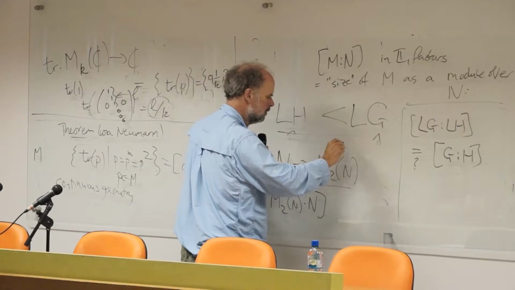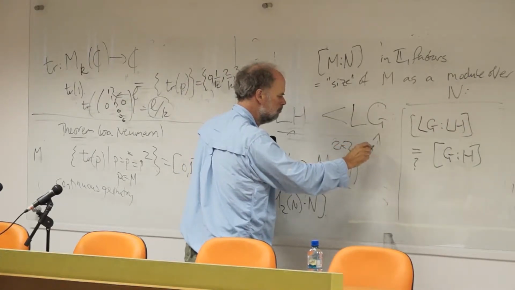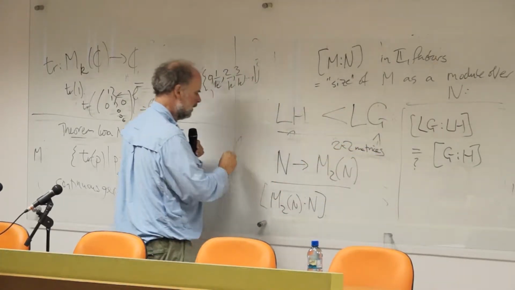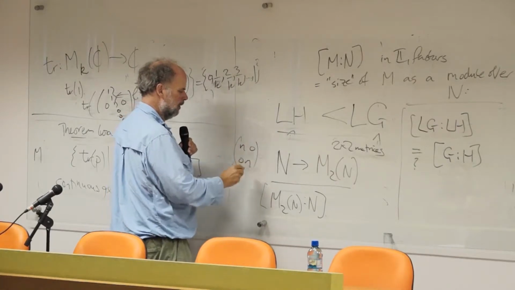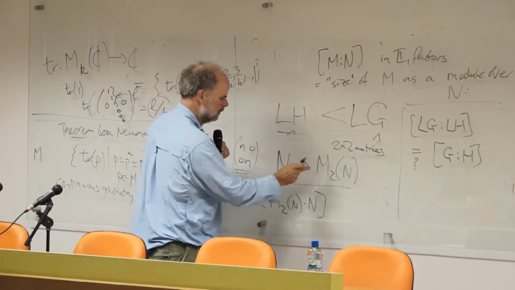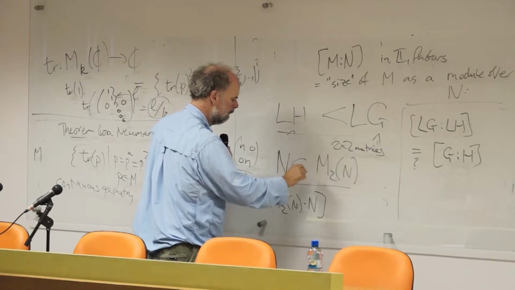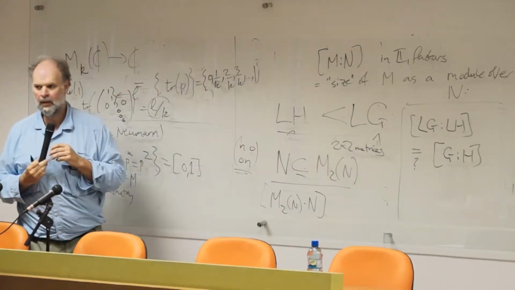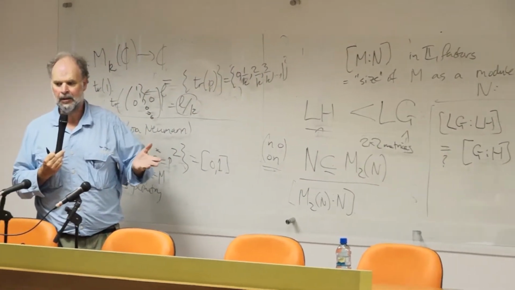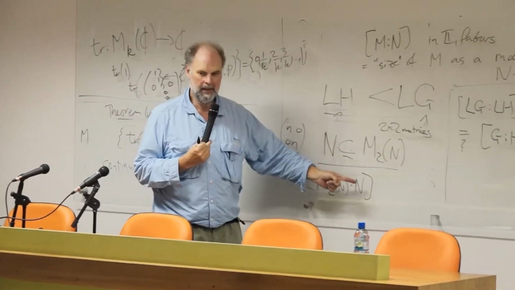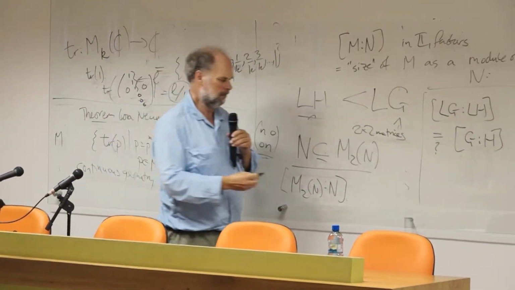This is 2-by-2 matrices. So N is contained in the 2-by-2 matrices by diagonal embedding. So basically, you're saying how many copies are there of N in the 2-by-2 matrices over N?